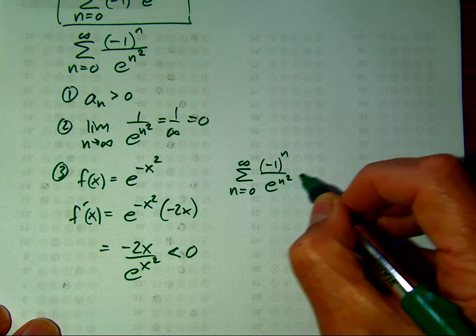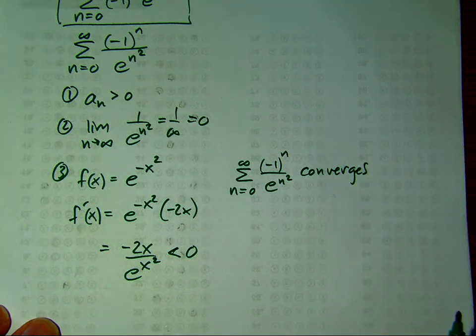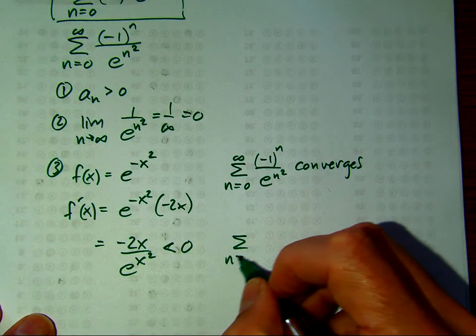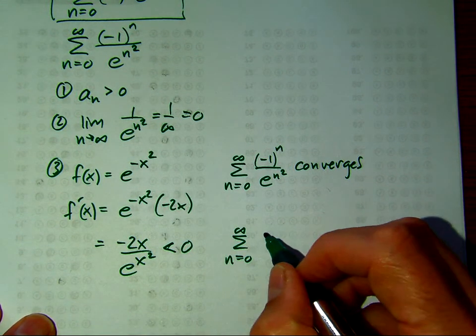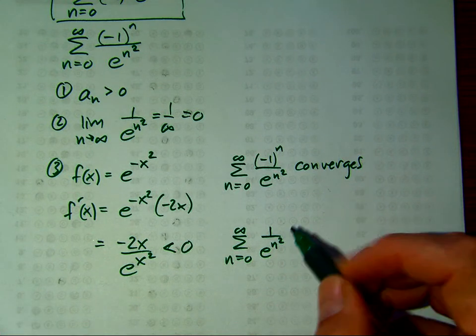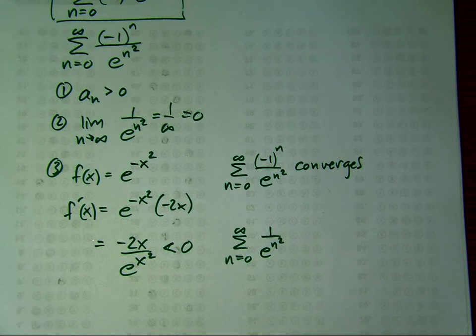converges. Does it converge conditionally or absolutely? So we have to check what's happening when it's not alternating. So here we could say it's going to converge, and that would be a direct comparison.